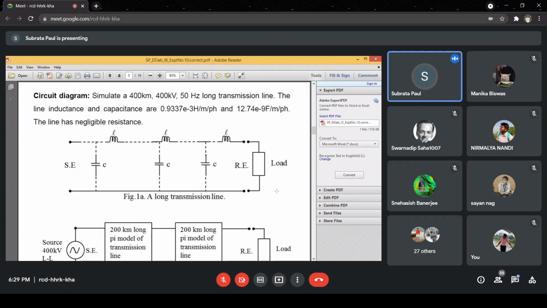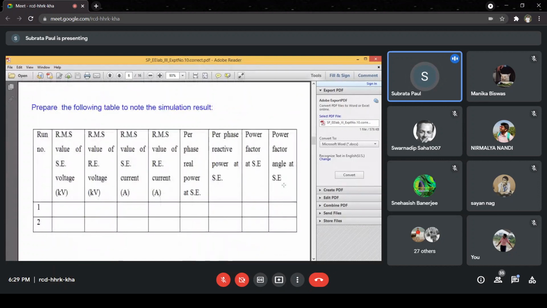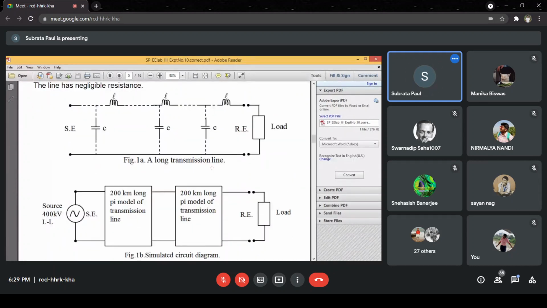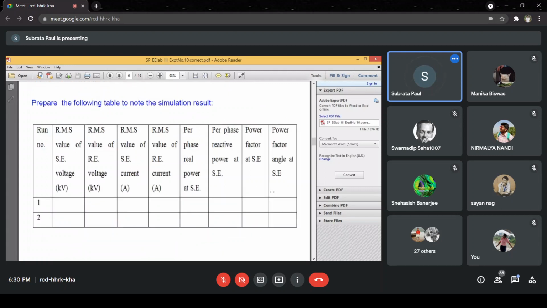This is a long transmission line and it has been simulated by Simulink. 400 kilometer length of the line, a 200 kilometer long pi model and another 200 kilometer long pi model. These two have been considered in cascade to simulate the 400 kilometer long line. A source of 400 kV line to line, and you can connect the load according to the situation.